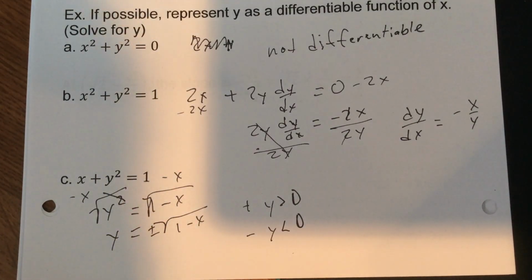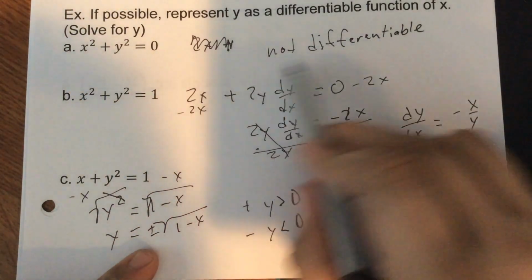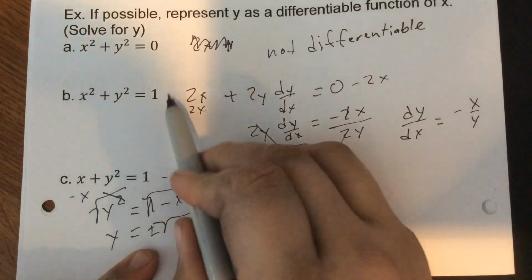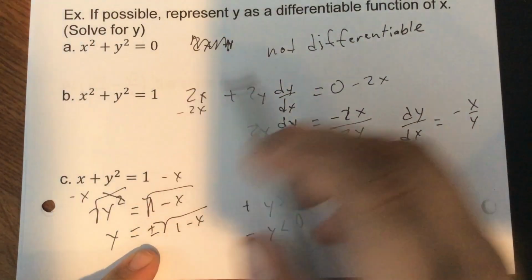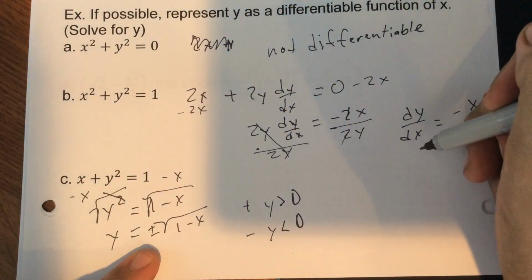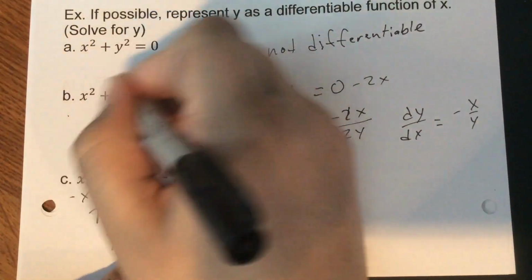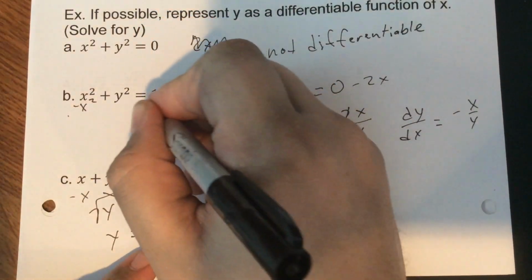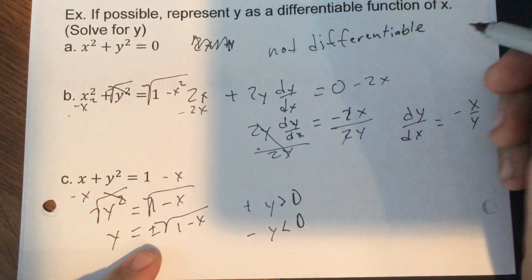I was just looking at my answer sheet, and I should have been doing this on these other two. This first one is not differentiable. Here we really have to look at where x or y is going to be. If we would solve for this one, which is what I should have done here instead of taking the derivative, we would subtract the x squared to the other side, and then square root to cancel out the square.